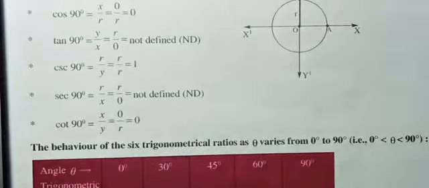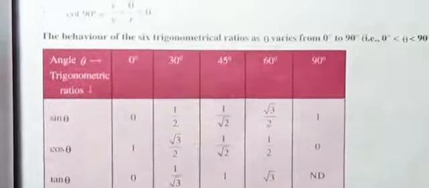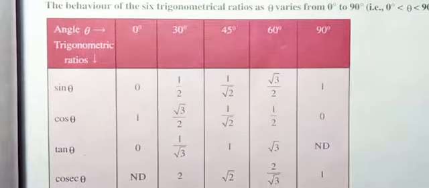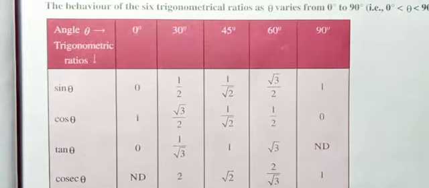So this is the computation of sin, cos, tan, cosec, sec, cot from 0 degree to 90 degree, that is 0 degree, 30 degree, 45 degree, 60 degree, and 90 degree. This chart you can get in all books, but how the computation comes is not present in many books.